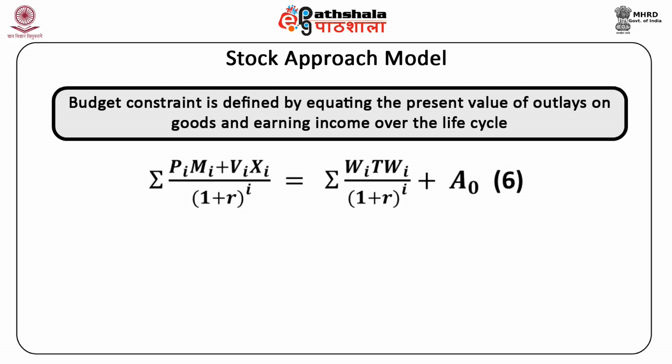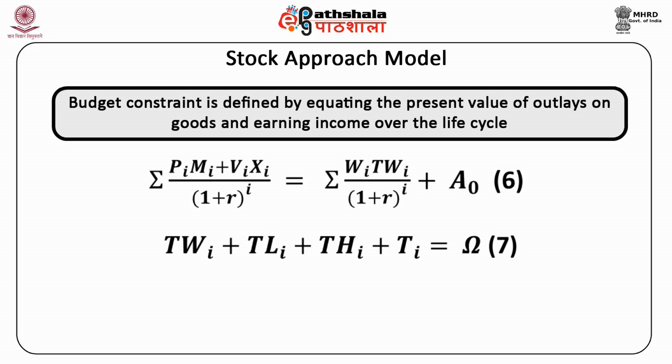Here Pi and Vi are prices of Mi and Xi respectively, Wi is the wage rate, TWi is hours of work, and A0 is property income. TWi + TLi + THi + Ti = Ω, equation 7.